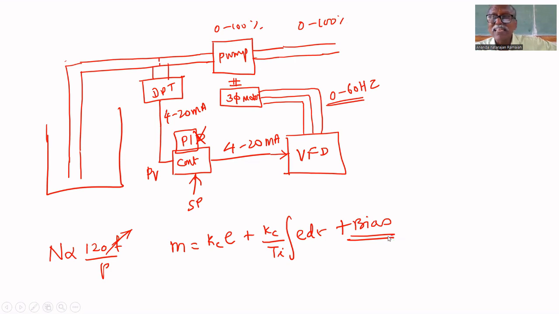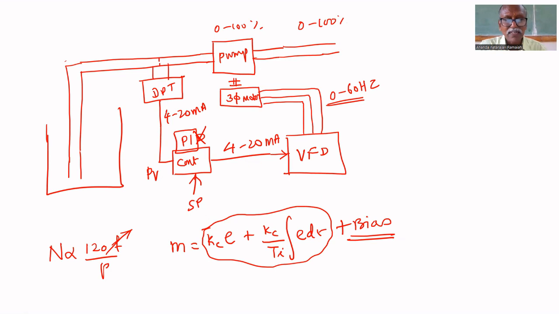In the previous class, I said, if you transfer from manual mode to auto mode, what is happening? What I told you is that this formula is implemented in the controller. Before that, what is that? M equal to bias only.